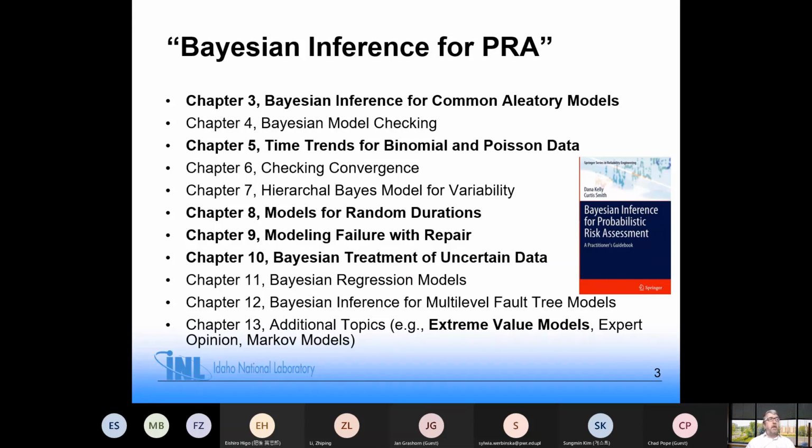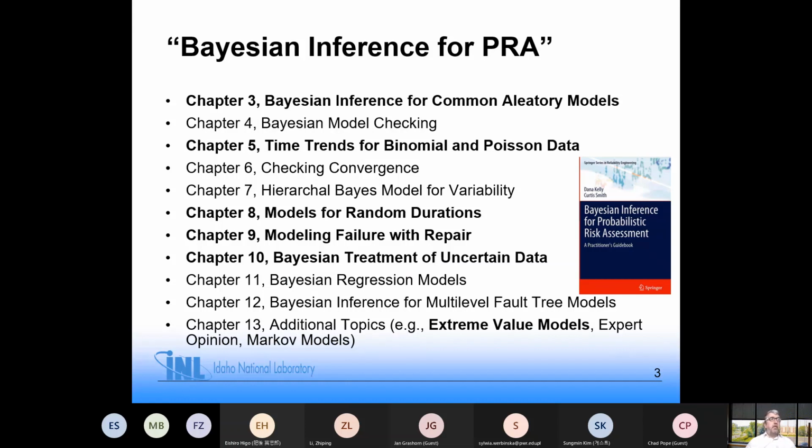For example, in chapter 3, we'll talk about what are called common aleatory models. Those are the probabilistic models that represent some kind of complex process. And we'll see what those look like for PRA applications. We'll talk about time trends, trending either using binomial or Poisson kinds of models.